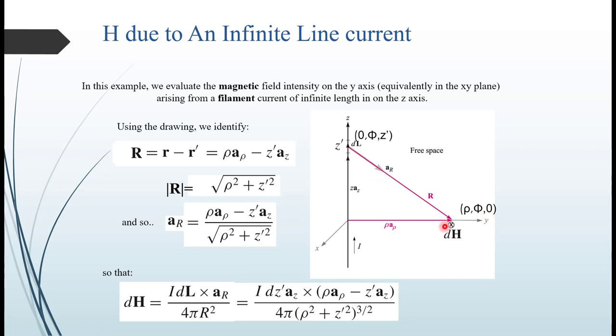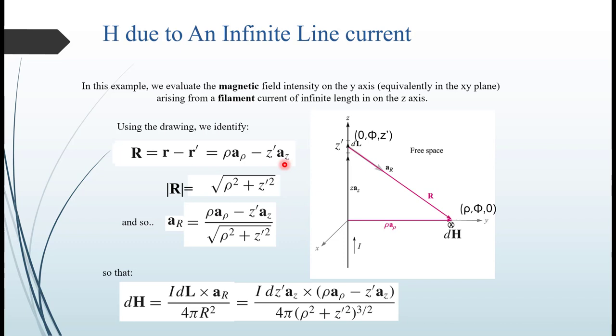Now after joining these two, let us find the vector r bar. So r bar is rho minus 0 a rho cap, plus phi minus phi a phi cap, plus 0 minus z dash a z cap.